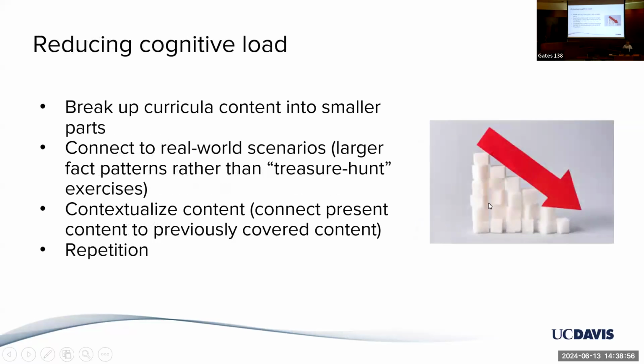So how do we reduce cognitive load? Again, we can break up the content into as small chunks as possible. We can connect to real-world scenarios, so perhaps larger fact patterns rather than treasure hunt type exercises. And I know we've used that as a term of art, treasure hunt type exercises, within law librarianship.